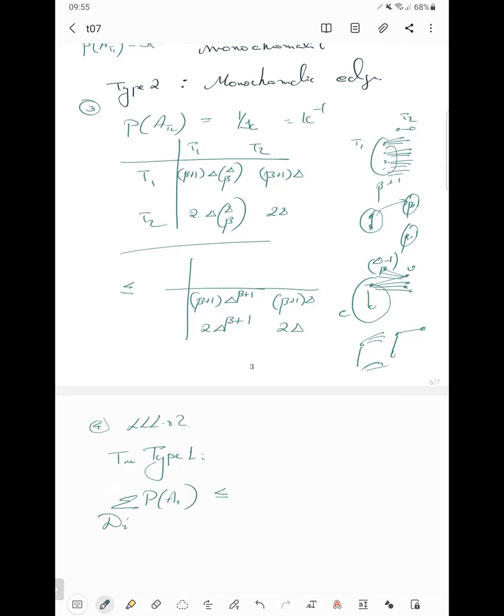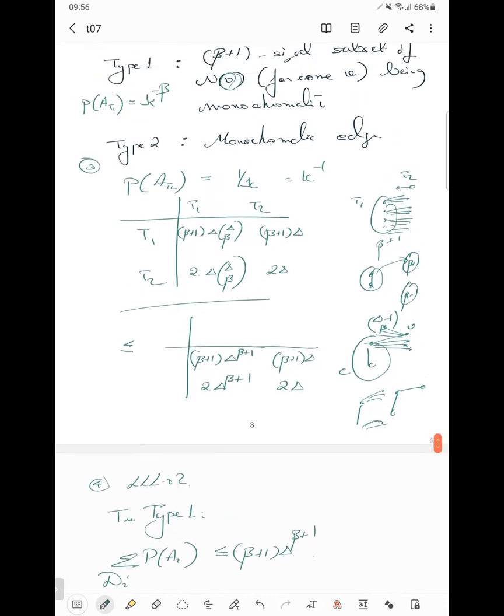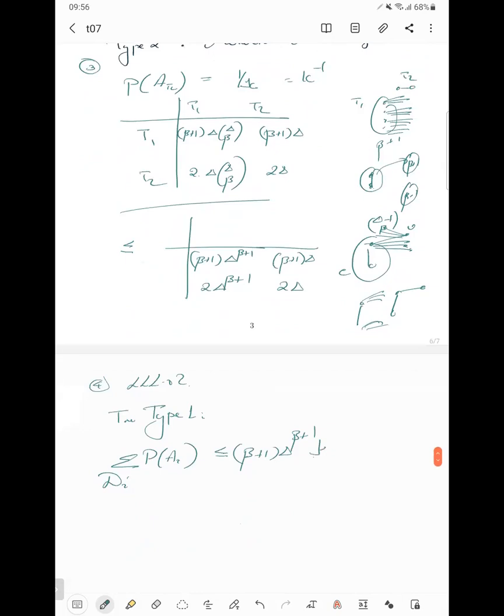This will be the number of type 1 events it depends on, beta plus 1 delta to the power beta plus 1, times the probability of a type 1 event, which is k to the power minus beta. Yeah, plus for the type 2, the dependency is beta plus 1 delta k to the power minus.